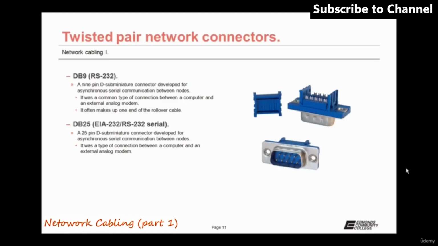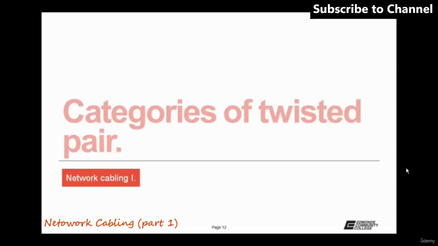You might come across a DB25, also known as an EIA 232 or RS232 serial connector. It is a 25-pin D-subminiature connector developed for asynchronous serial communication between nodes, just like the DB9, only it was larger. It too provided a type of connection between a computer and an external analog modem, and it's even less common than the DB9.